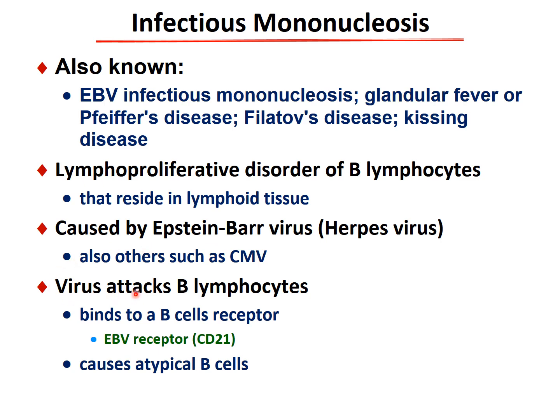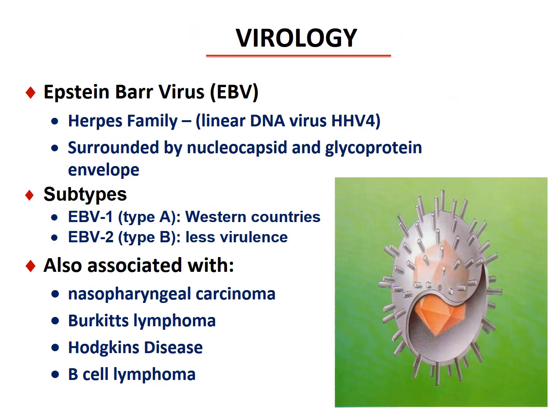The virus is attacking the B cells because on the surface of the B cells we have this EBV receptor, the CD21 marker, that's a receptor site. And this is how these cells can be infected. Due to this infection, these B lymphocytes are altered, becoming atypical, usually losing their functions as well.